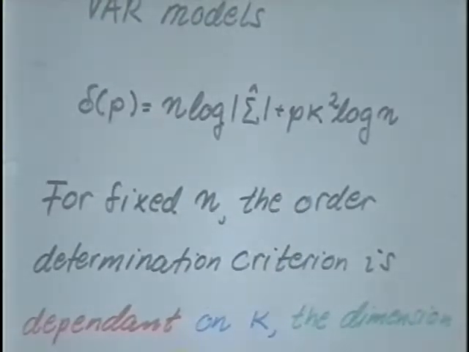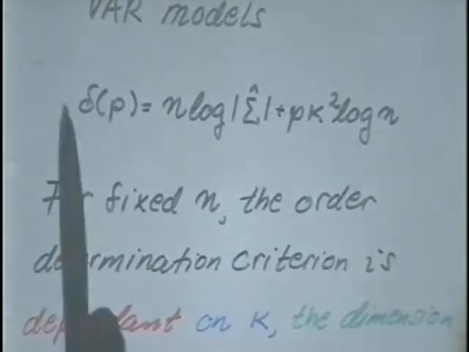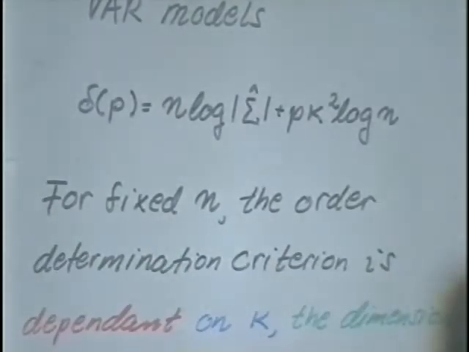One result in that joint work with Professor Krishnaiah was that if we consider the autoregressive situation, the performance of this criterion depends on k, in such a way that if we have n fixed and increase k, the dimension of the process, then this kind of criterion has a tendency to estimate the order to be lower and lower the greater k is.